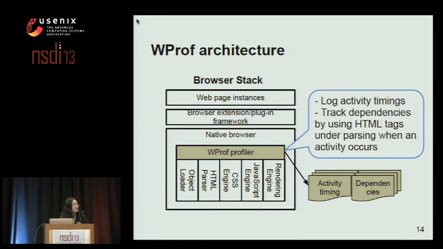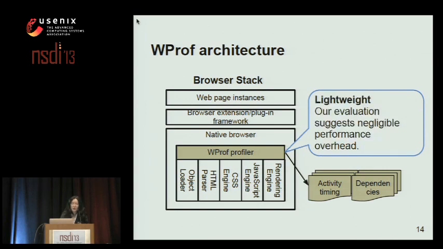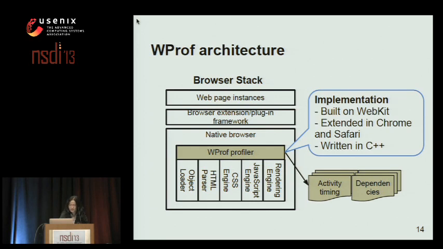We track the dependencies by using HTML tags under parsing when an activity occurs. Our in-browser profiler is lightweight. Our evaluation suggests that it only has negligible performance overhead. We built it on WebKit and extended it in both Chrome and Safari, and it is written in C++.